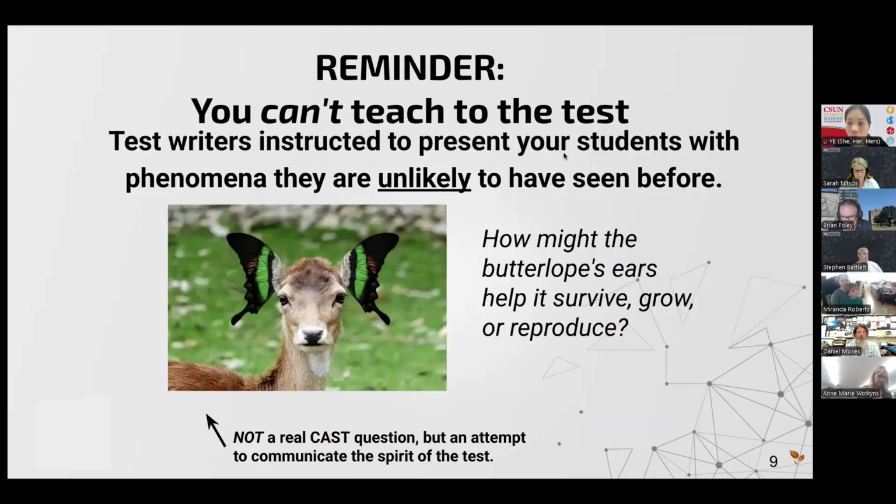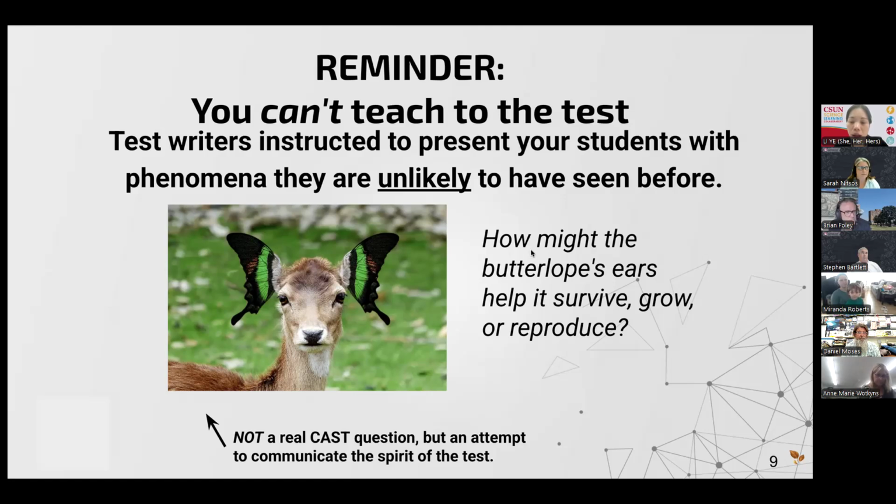So for the previous sections, we talked about how the test has been designed in a way that you cannot teach to the test, unfortunately. The picture here shows a possible example of a phenomenon that students are not familiar with, but they have to utilize the skills they learned to answer this question.